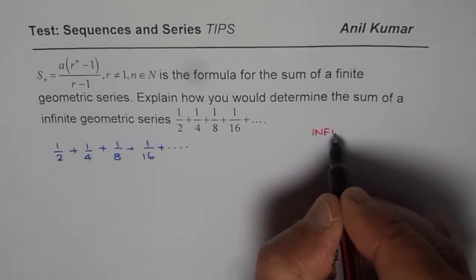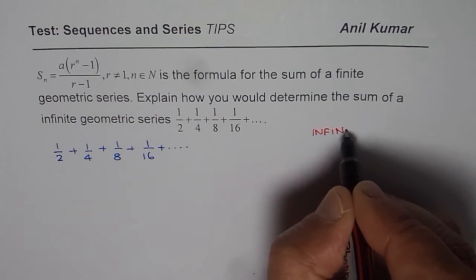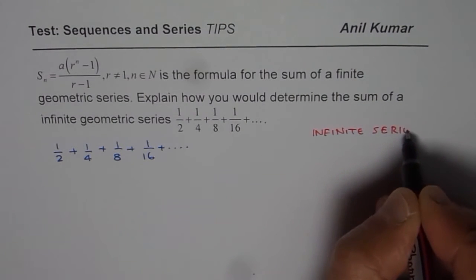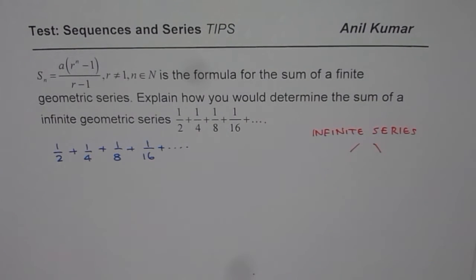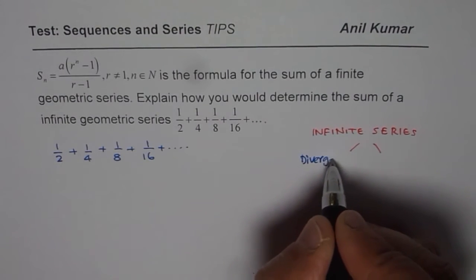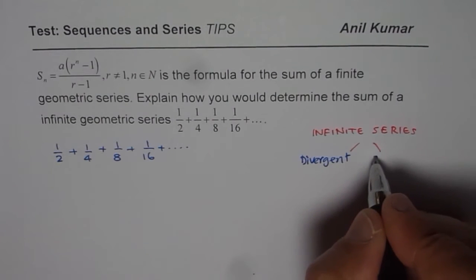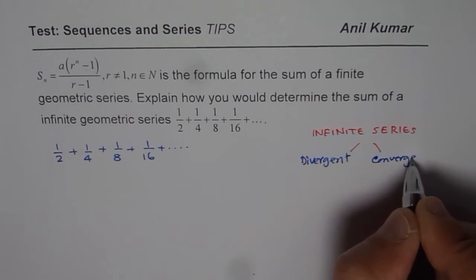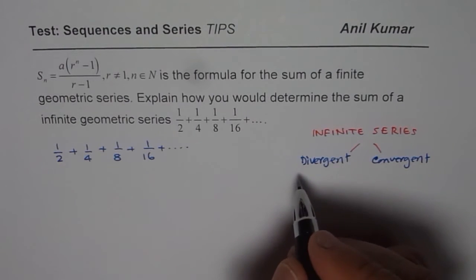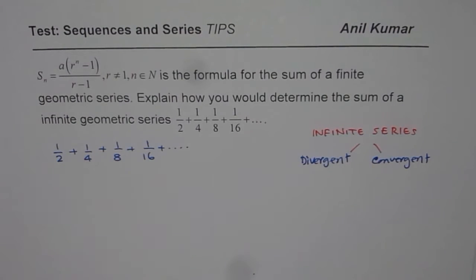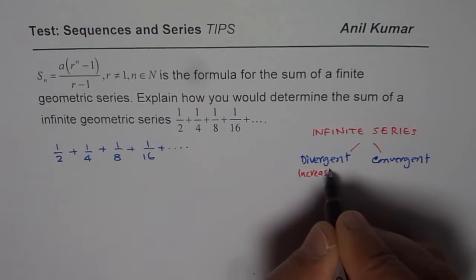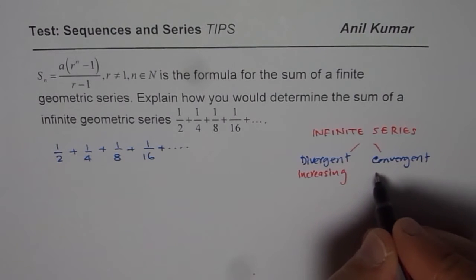We are now talking about infinite series. In that case, we have two cases. One type of series could be divergent, and the other could be convergent. Divergent means a series which increases, and convergent means decreasing.